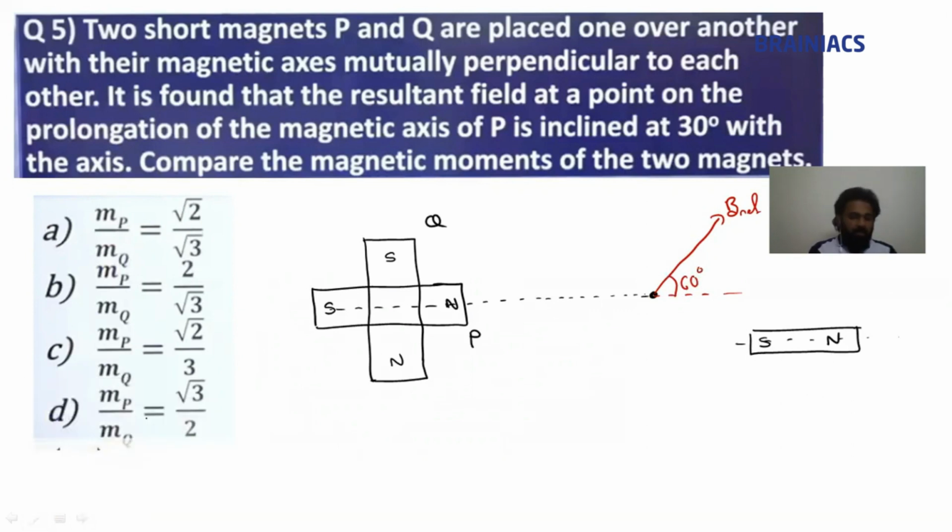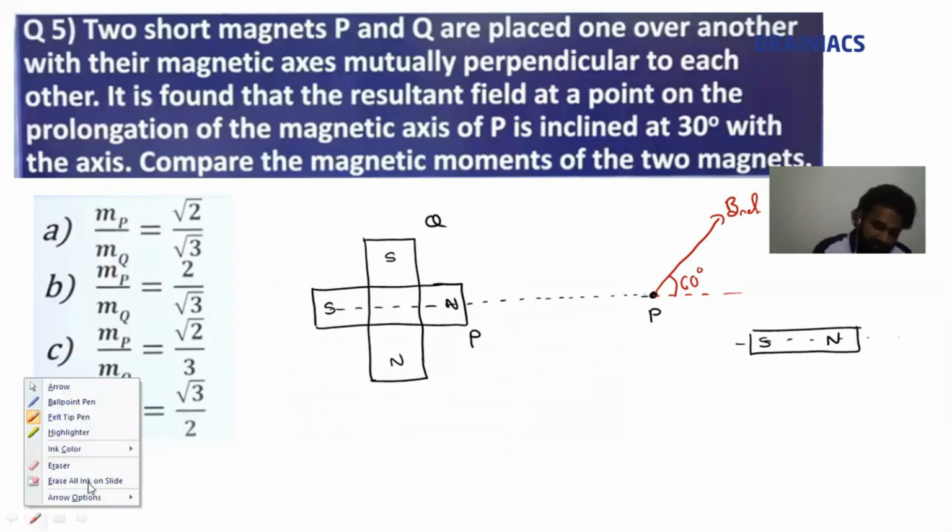Okay, so now how do we compare the magnetic moments? If I consider the point P, that point is actually the axial point for the P magnet.